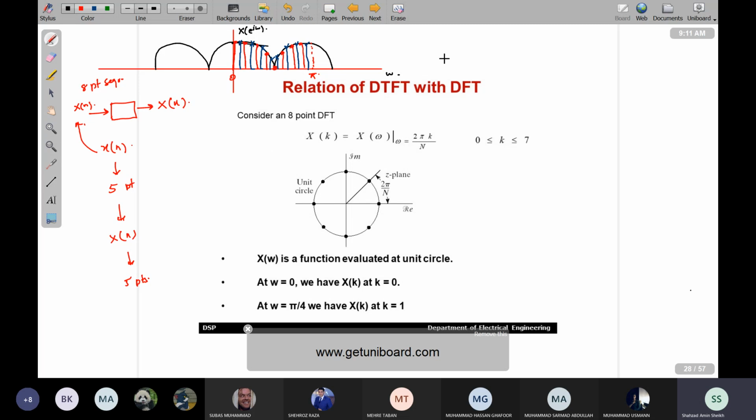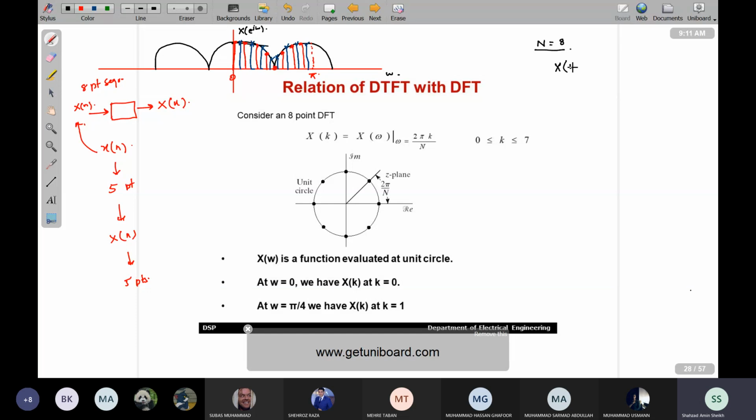Now we are interested in exploring the relationship of the DTFT with the DFT, and we said suppose we place N equal to 8. That means our periodic sequence x of n is of period 8, and X of k is also of period 8, which is related to X of e to the j omega.